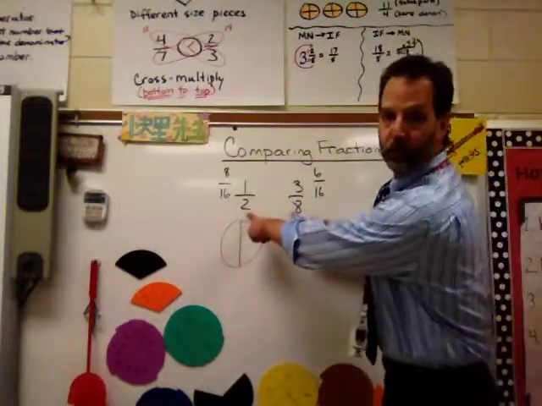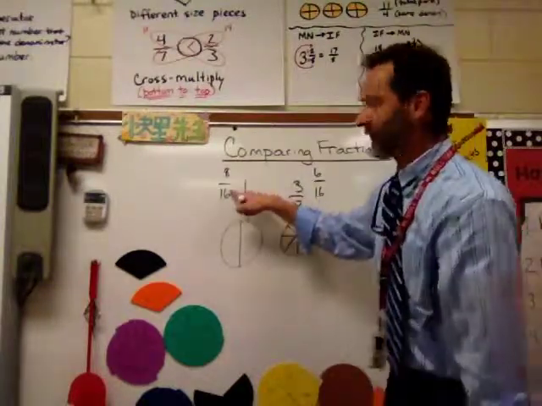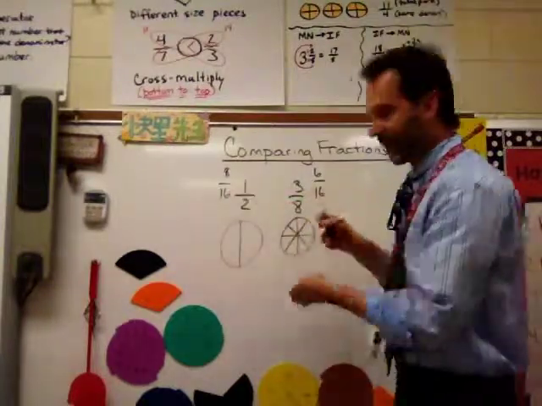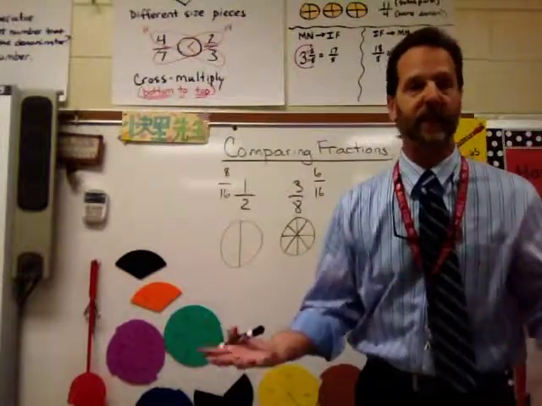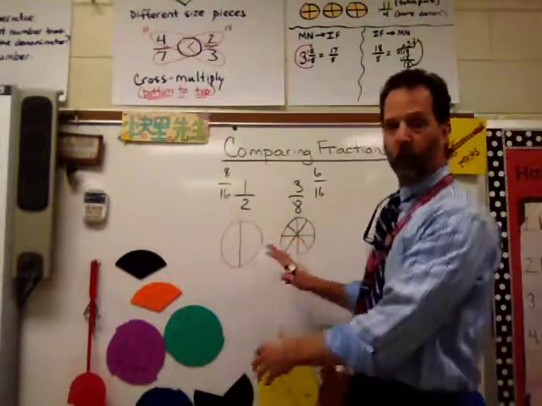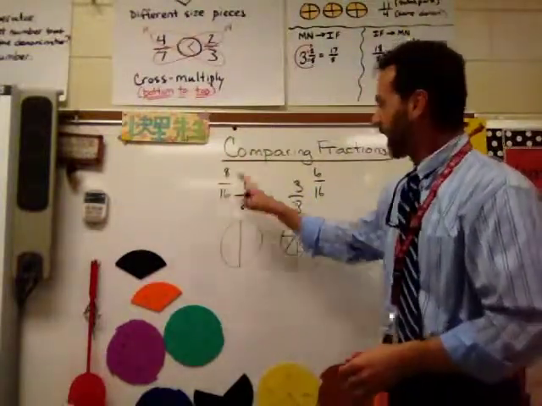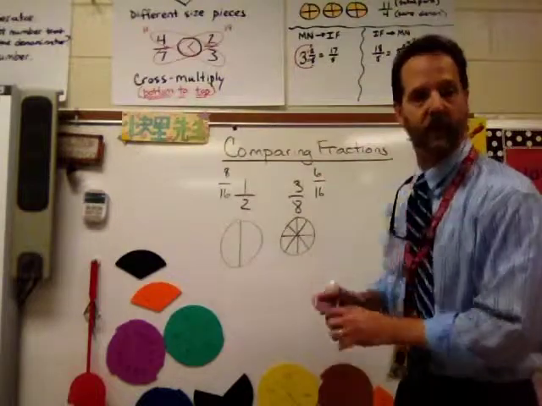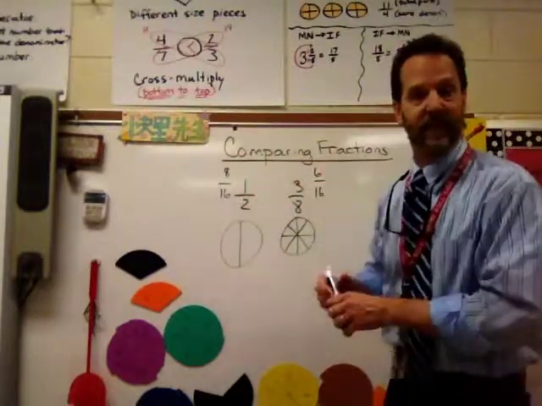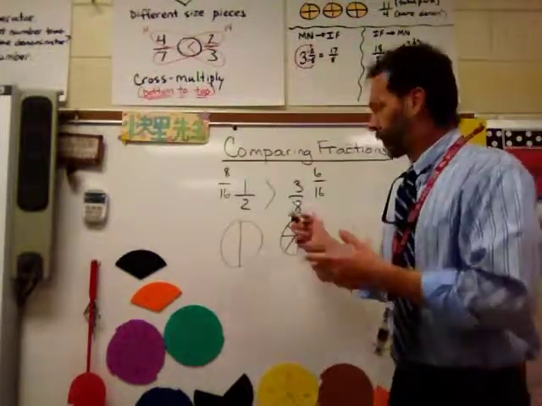If you multiply the two denominators together, 2 times 8, you'd get 16. So this would be 8/16, this would be 6/16, and the pieces would all be the same size now. We would go away from having a huge piece here and smaller pieces here. Now we have all the same sized pieces, 16ths. I have 8 of them here compared to 6 of them there. 8 is bigger than 6, so 1/2 is going to be larger than 3/8.